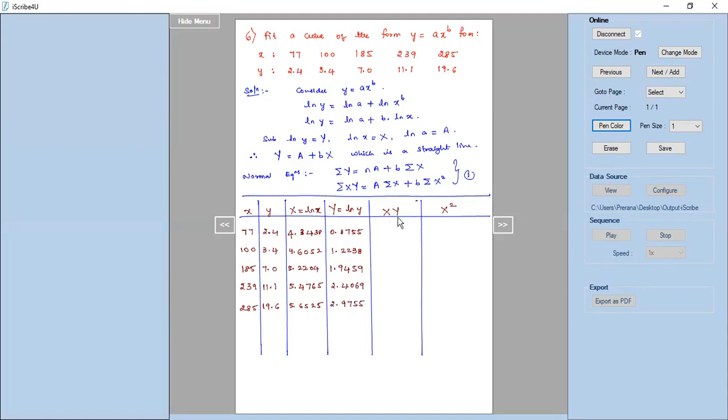Next, we have capital X into capital Y. Product of these two columns we have to perform, which gives us 3.8030, 5.6358, 10.1584, 13.1814, and lastly 16.8190.